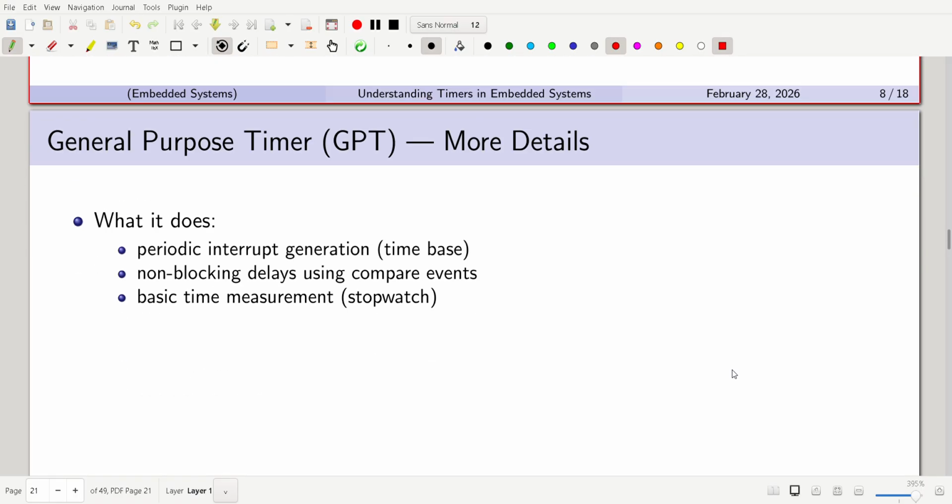The general purpose timer does periodic interrupt generation, time based periodic non-blocking delays using compare events, and basic time measurement, like a stopwatch. That is one form of the general purpose timer.